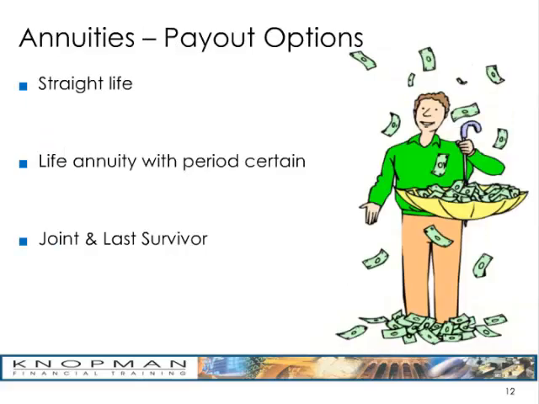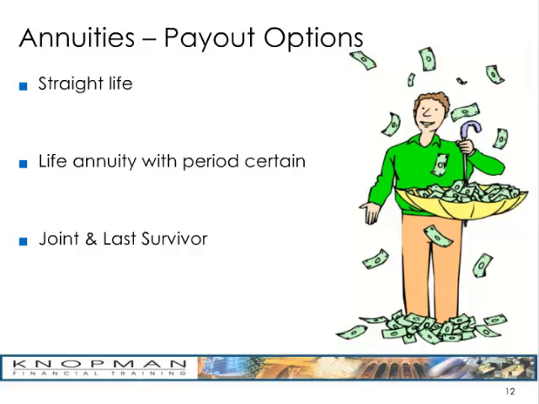Also, the monthly cash flow from an annuity will be impacted by the expected length of the annuity. So a straight life annuity will pay monthly distributions over the entire lifetime of an annuitant. And once the annuitant dies, there will be no more distributions.